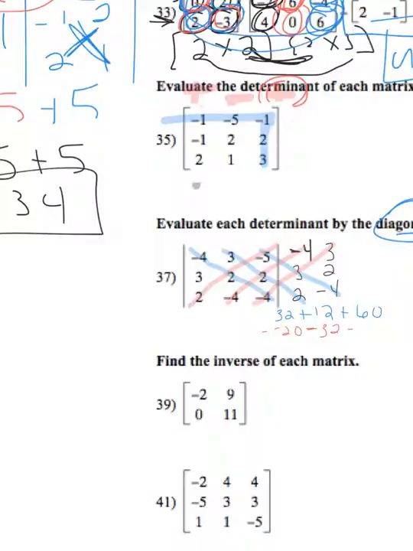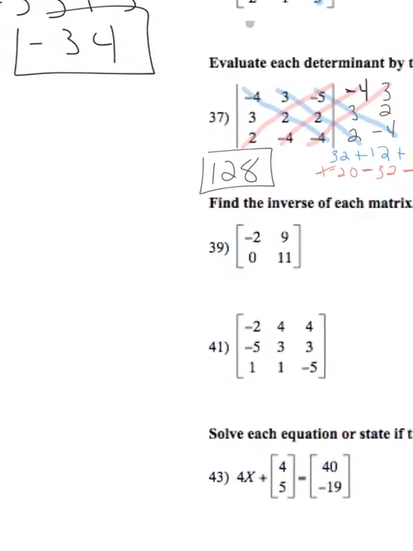Subtract, and then the last one right here, 3 times 3 is 9 times negative 4, so negative 36. I want to subtract negative 36. Okay, so that's going to make this plus 20 and plus 36 for a grand total of 128. The determinant of that one is 128.